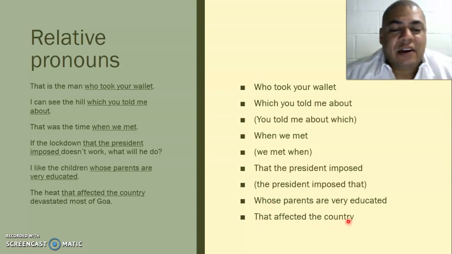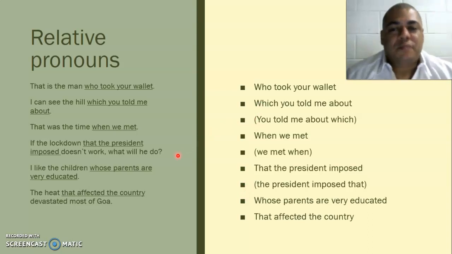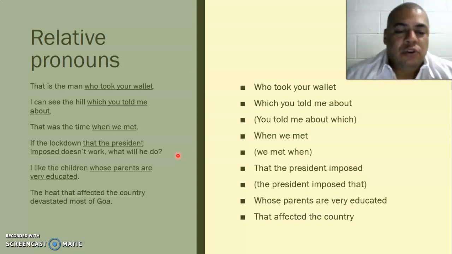That affected the country. The word that is a relative pronoun that is acting as the subject. As you can see, I recommend that when you are to identify relative pronouns, you make a transformation of the sentence. It's going to be easier for you guys to identify the role that the relative pronoun is performing.